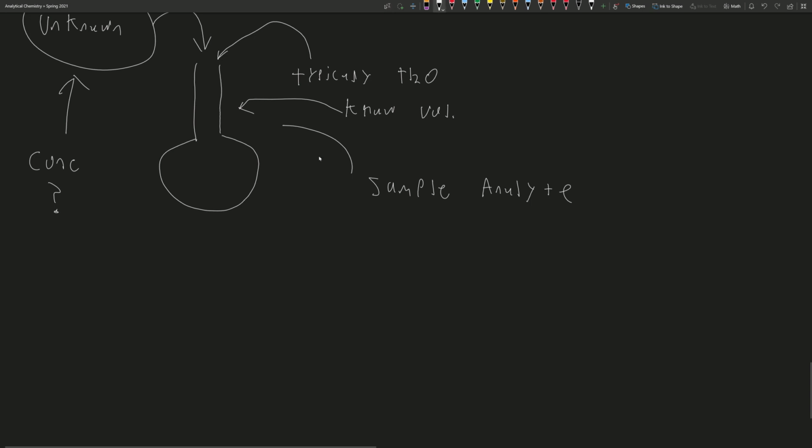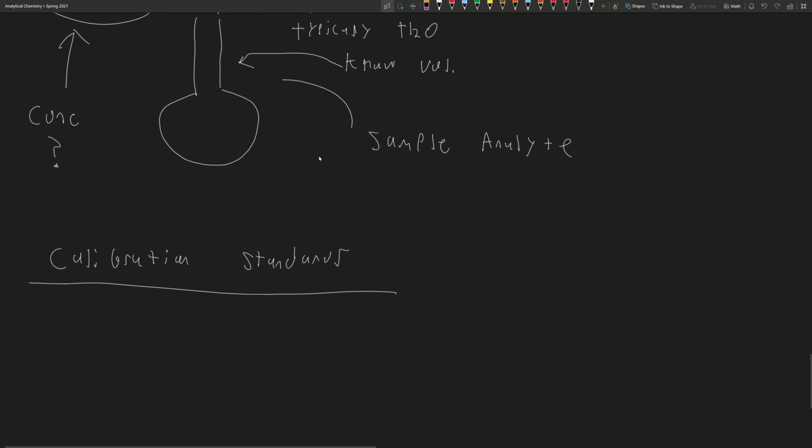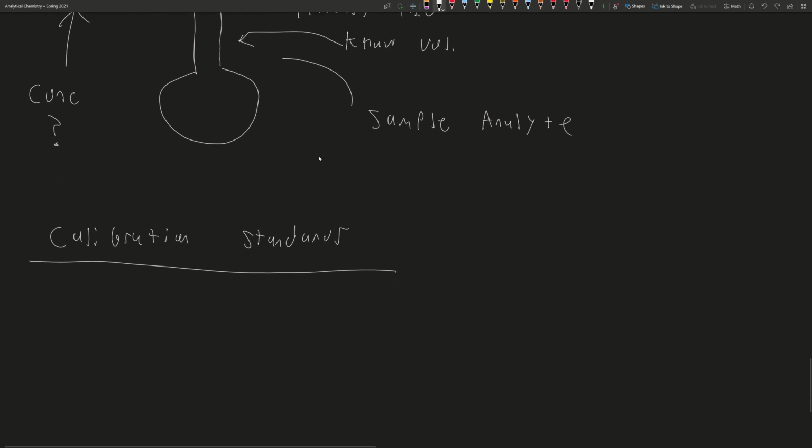After this, we prepare what are known as our calibration standards. So what are our calibration standards? Our calibration standards contain our analyte in a known quantity.